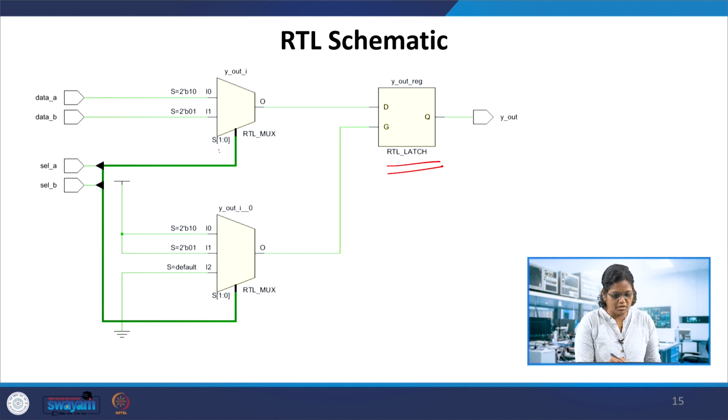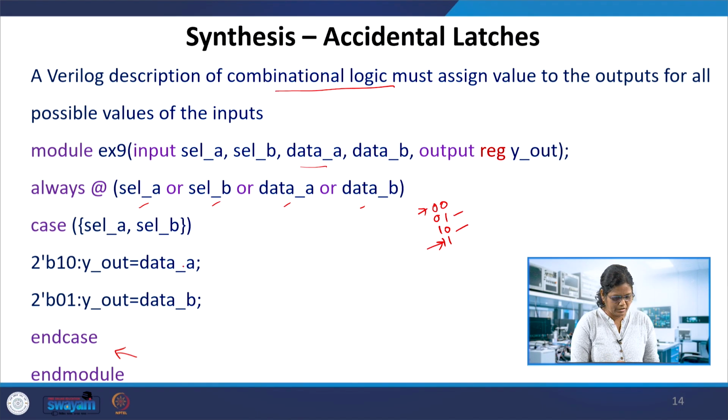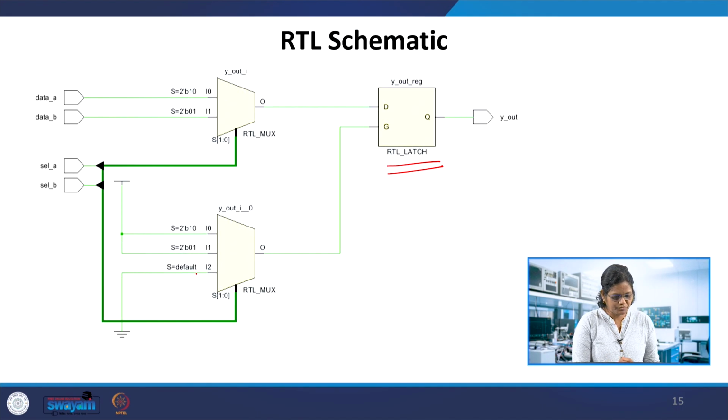So data A and data B can be selected if the select bits are given. The 2 select bits are going to these muxes, and the 2 cases 10 and 01 are there, it is considering the default here as a 0 and gives it to the ground. So that is inferring the latch because of the missing default case.